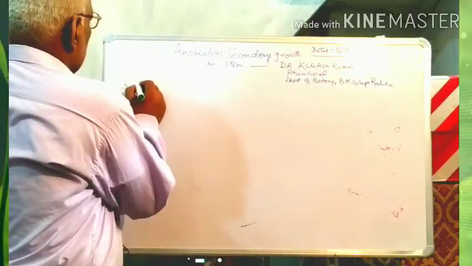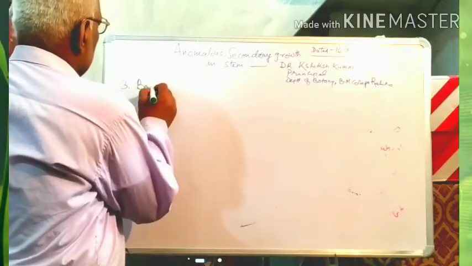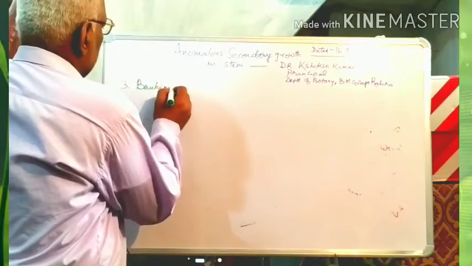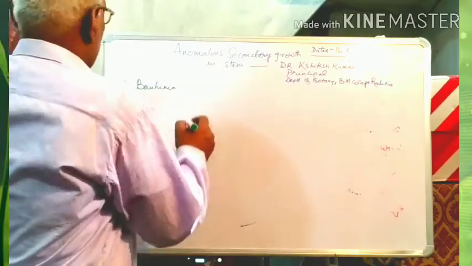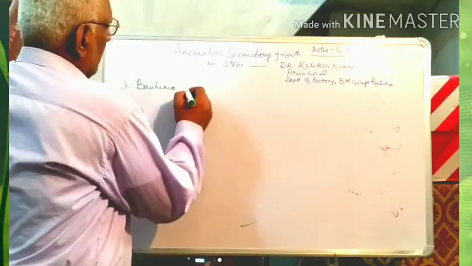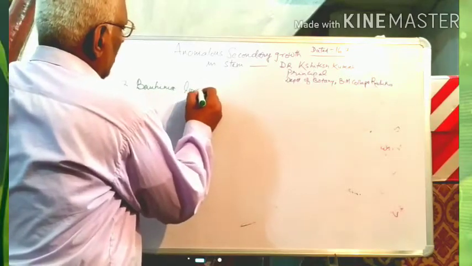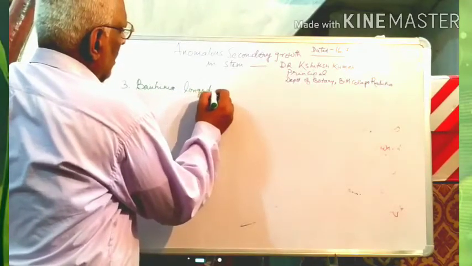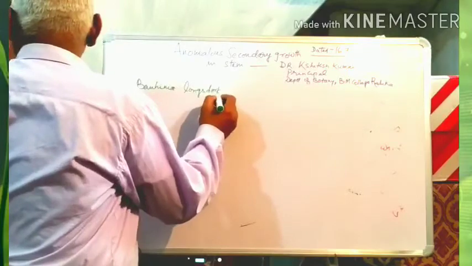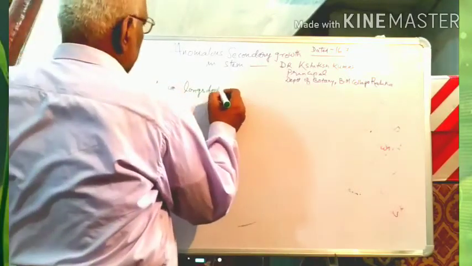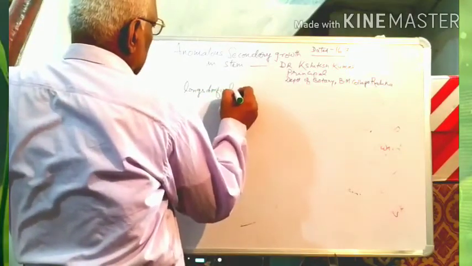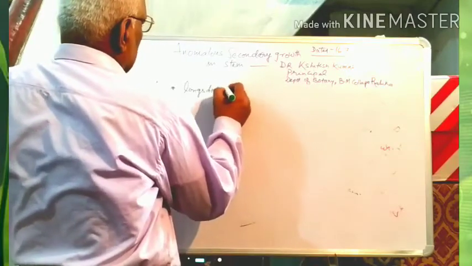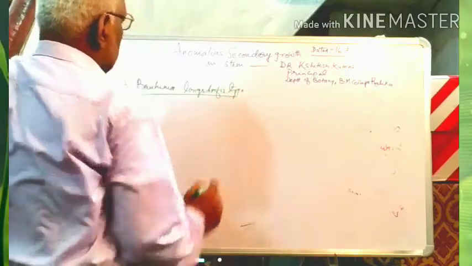The third is the Bauhinia longsdorffi type.